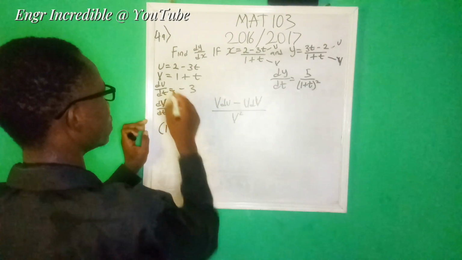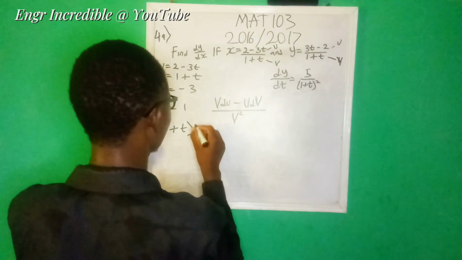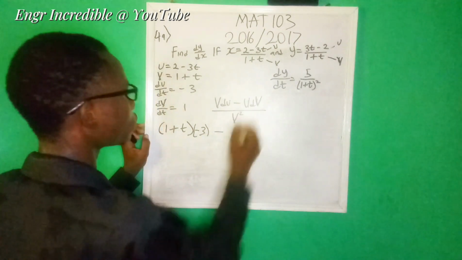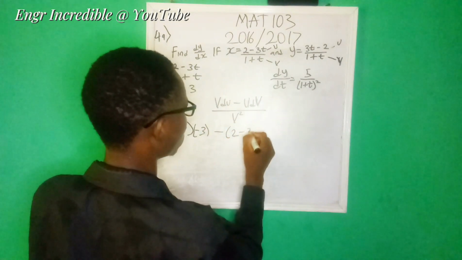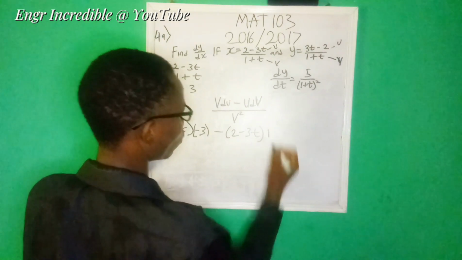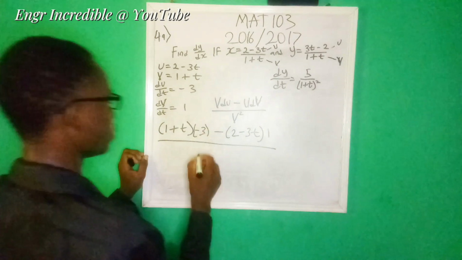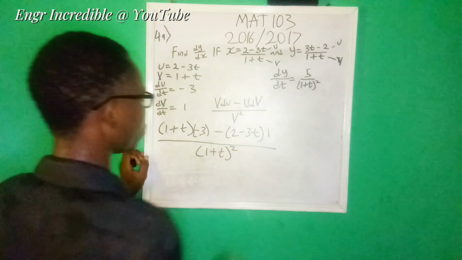What is our du dt? Minus 3, times minus 3. Then minus here, what is our u? Our u is equals to 2 minus 3t times dv dt is equals to 1. Everything divided by v square. Our v is 1 plus t. We have 1 plus t all square.